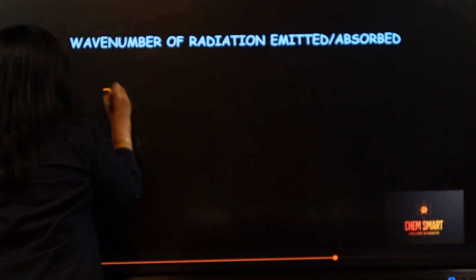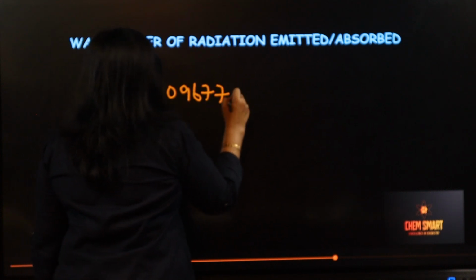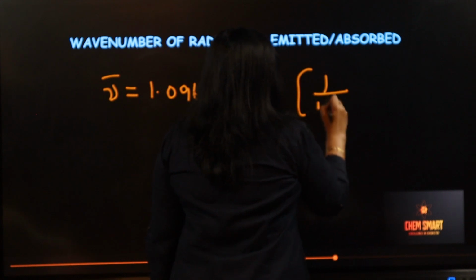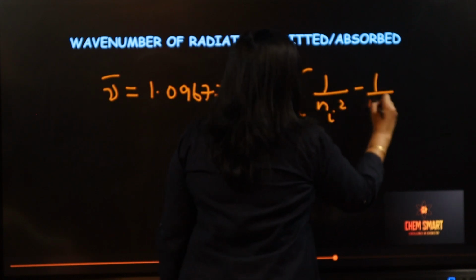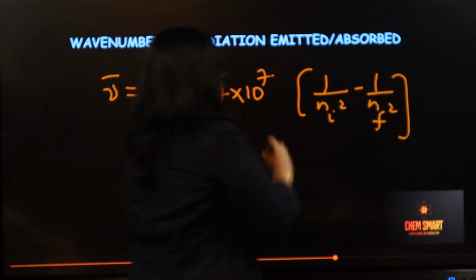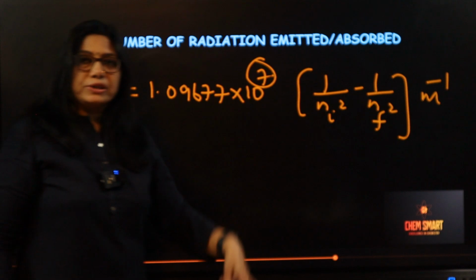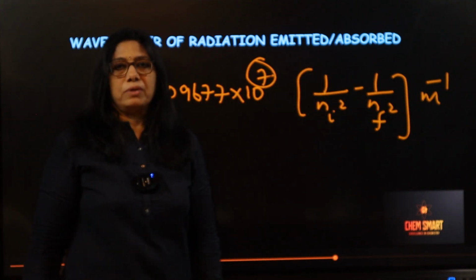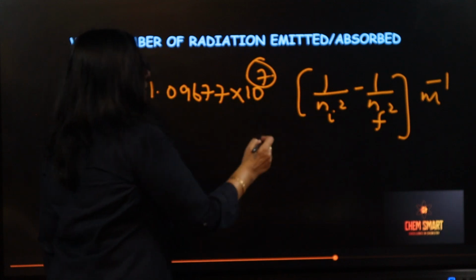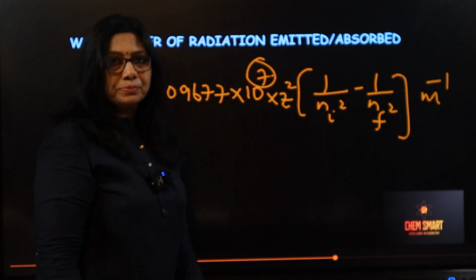You'll be getting nu bar is equal to 1.09677 into 10 raised to 7 into 1 by Ni square minus 1 by Nf square. As usual, initial and final level. And if it is 10 raised to 7, it will be meter inverse. If it is 10 raised to 5, it will be centimeter inverse. SI unit is meter inverse, so you can go for that. This is for hydrogen atom. If it is not hydrogen atom, you can just multiply it by Z square. That's it. Clear?